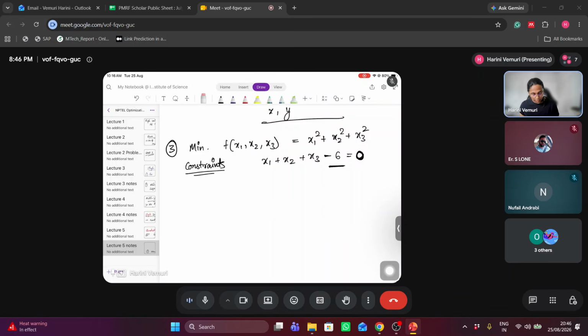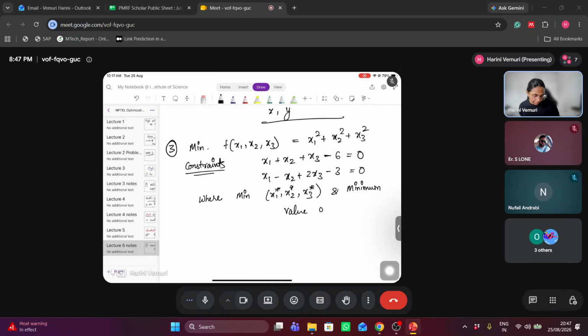So this is one of the constraints: x1 plus x2 plus x3 minus 6 equal to 0, and x1 minus x2 plus 2x3 minus 3 equal to 0. Can you guys tell me where the minima exists, that is the x1, x2, x3 star values where the minimum exists, and the minimum value of capital F, sorry, f of x.